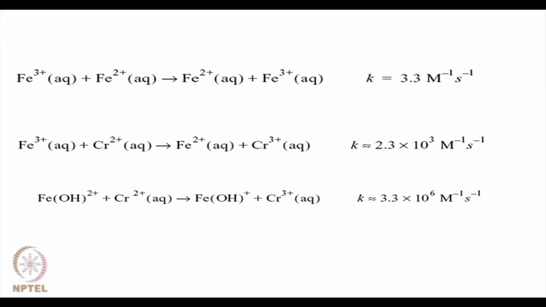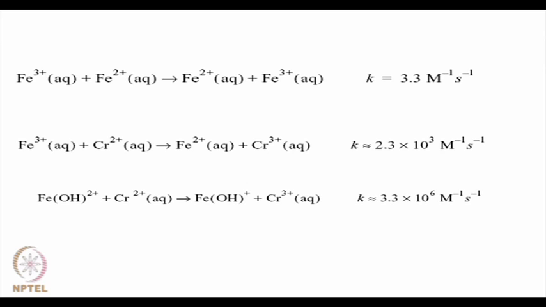Ferric plus chromium 2 plus, okay, chromous, then gives ferrous plus chromic. The rate of electron transfer is about 10 to the power 2.3 to 10 to the power 3 mole inverse second inverse. For ferrous ferric it is 3.3 mole inverse second inverse.